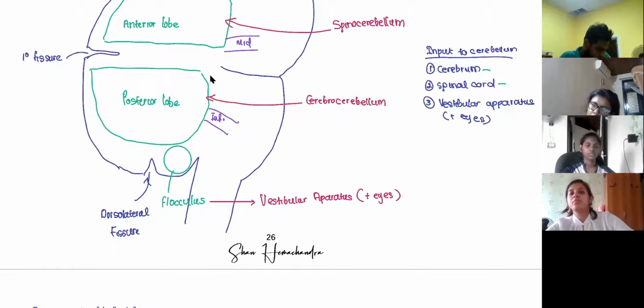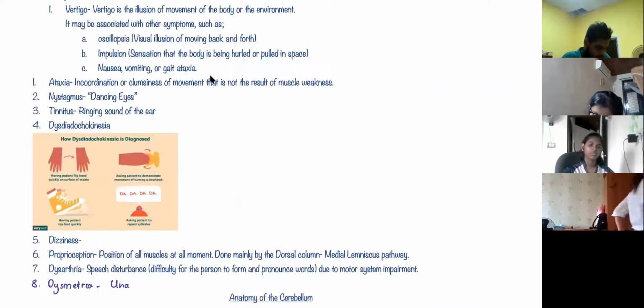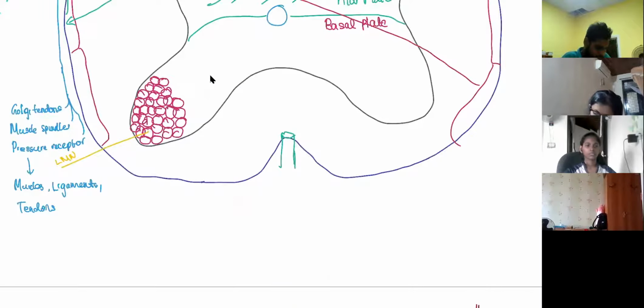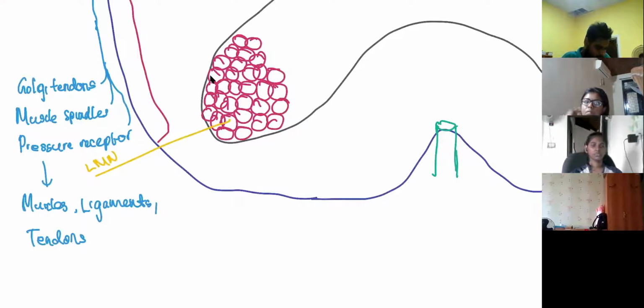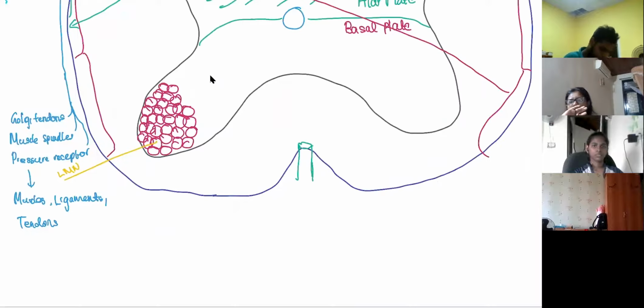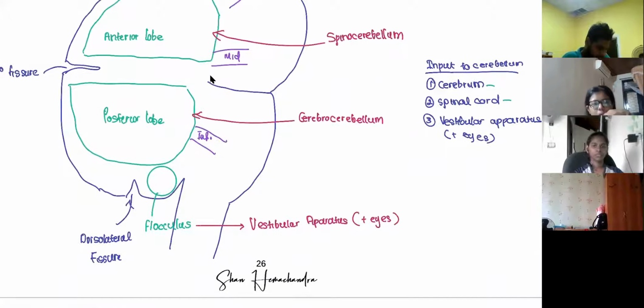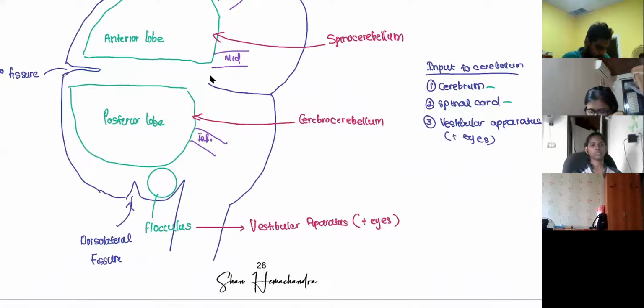That signal is taken from the proprioceptive organs, sorry, the Golgi bodies in the muscle fibers. They send the muscles' exact location through the spinal cord to the cerebellum. Now the cerebellum knows exactly where the muscles are.